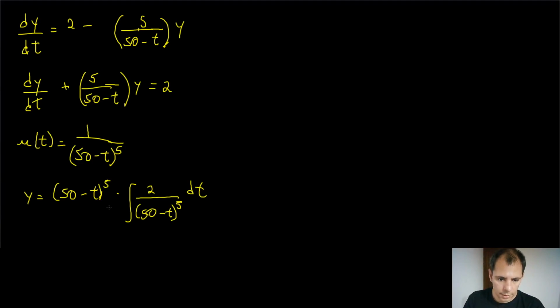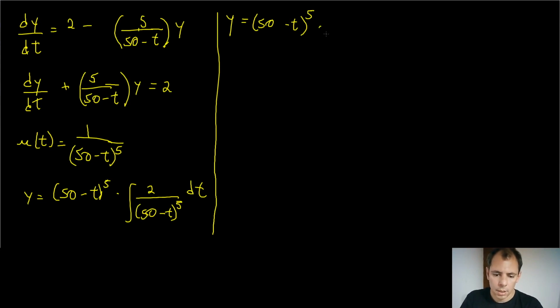Okay, now let's keep going. So y equals (50 minus t) to the 5th times the integral, right? Well, you see, let's do this stuff in here. So this is not going to be the ln because this is not a 1, okay? So this is (50 minus t) to the minus 5.